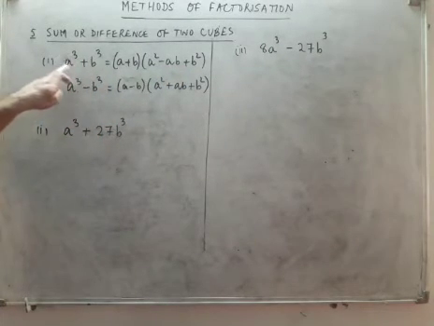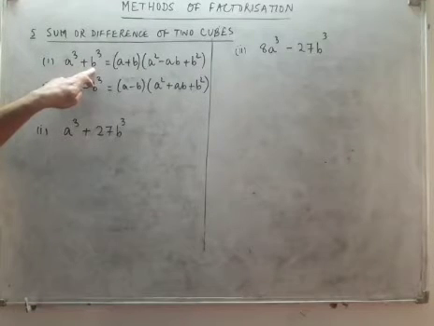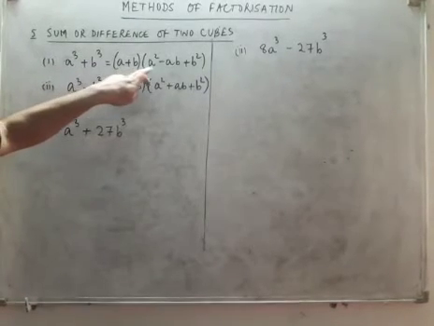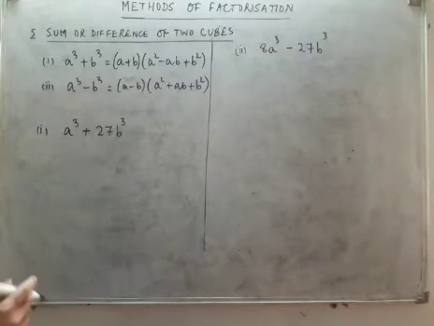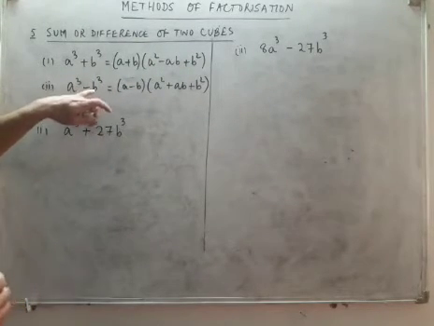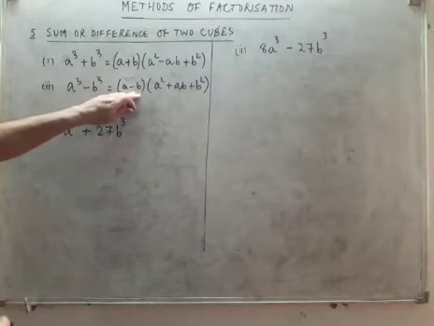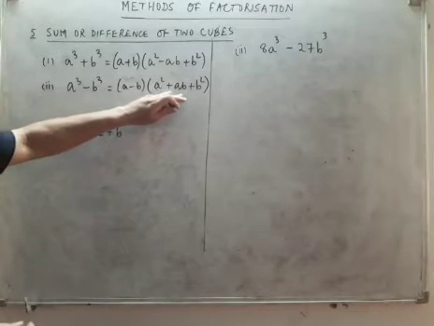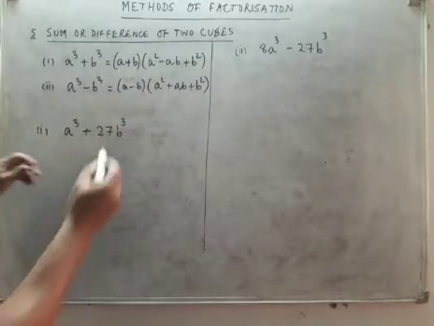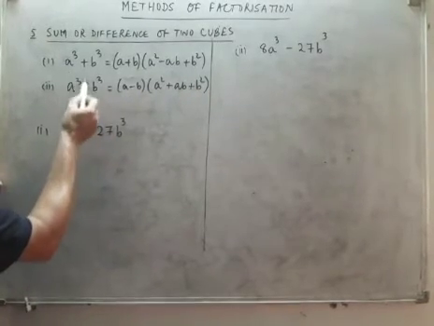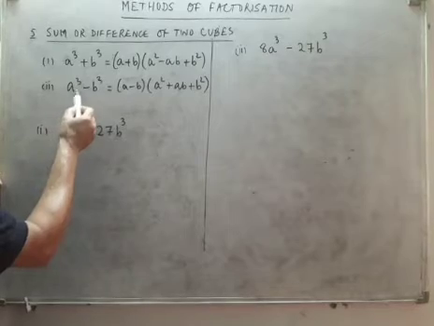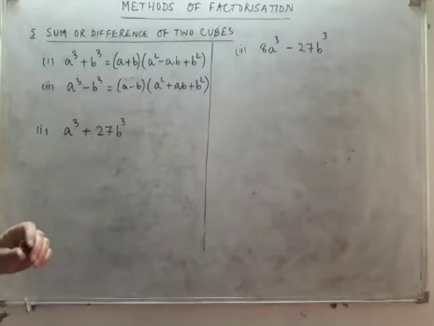So a cube plus b cube is equal to a plus b into a squared minus ab plus b squared. And in the same way, a cube minus b cube equals a minus b into a squared plus ab plus b squared. These are the factors of the expressions a cube plus b cube and a cube minus b cube.